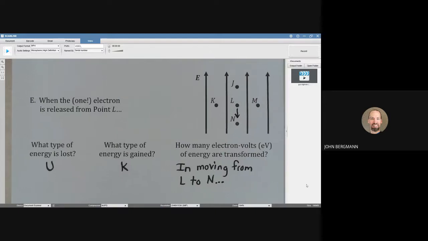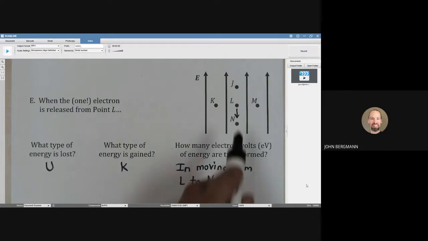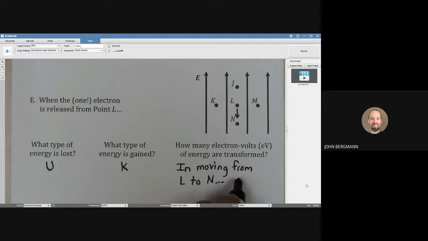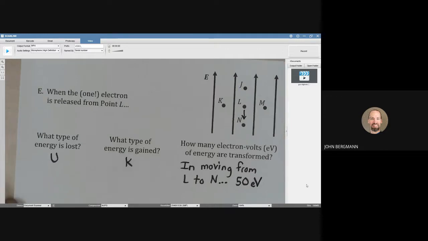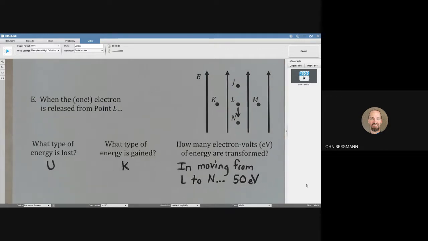Usually we think of energy in terms of joules, but if we're moving electrons between potentials, the electron volts is going to be 1 electron multiplied by however many volts difference this is. And if you remember from the previous page, there were 50 volts difference in between N and L. So the number of electron volts of energy, 50 electron volts. We could convert that into joules, but it's convenient here to just represent it as electron volts.